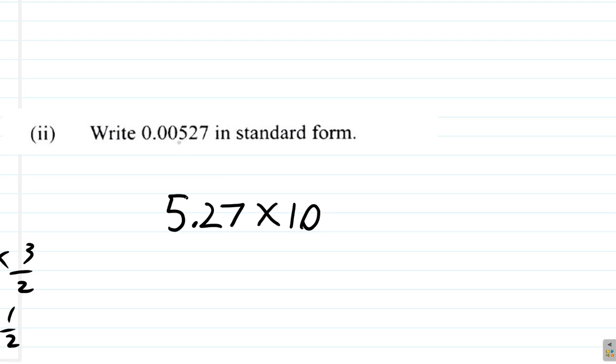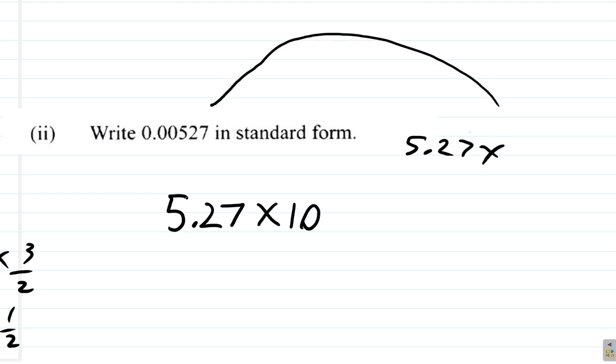Consider you have 0.00527. What must you multiply 5.27 by to get 0.00527? Well, if you do have the 5.27, what you could imagine is moving the decimal places.